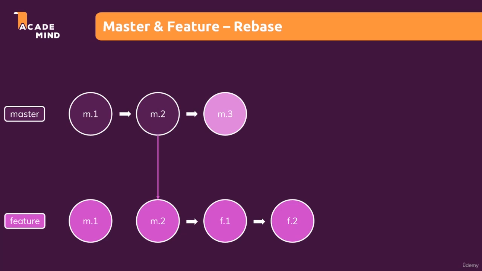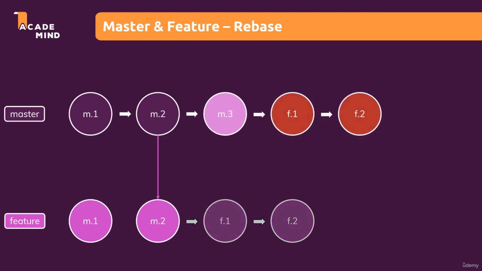Well, let's again think about the situation we have in our practical example. So we have this master feature structure, one additional commit in the master after the feature branch was created, two additional commits after the feature branch was created based on the master. Now, as we learned, we can use a recursive merge to bring the changes from the feature branch into the master, or we can use the rebase concept to do the following.